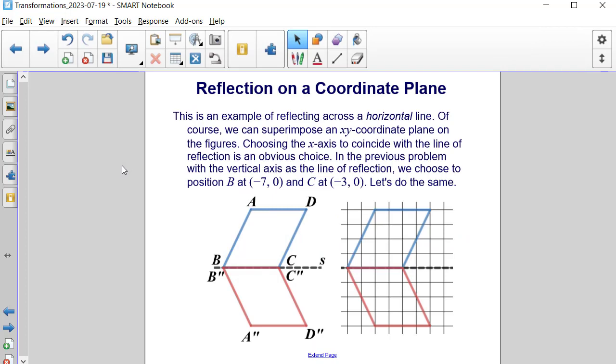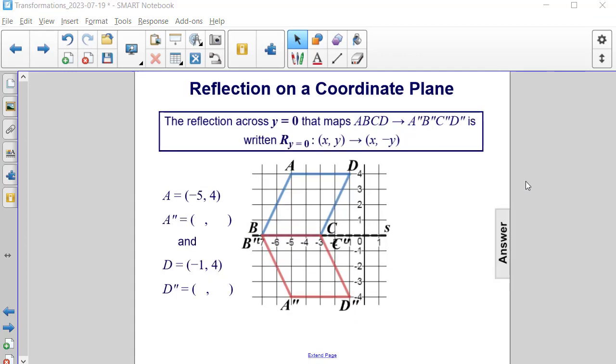Of course, we can superimpose an XY coordinate plane on the figures. Choosing the x-axis to coincide with the line of reflection is an obvious choice. In the previous problem with the vertical axis as the line of reflection, we chose to position B at -7, 0 and C at -3, 0. Let's try to use the same strategy with this one.